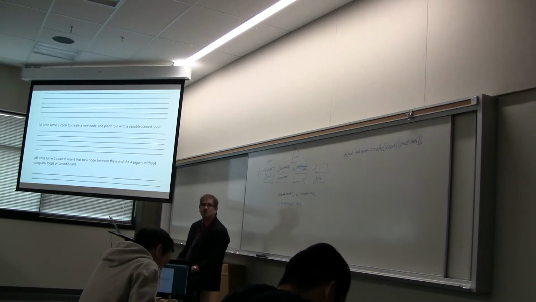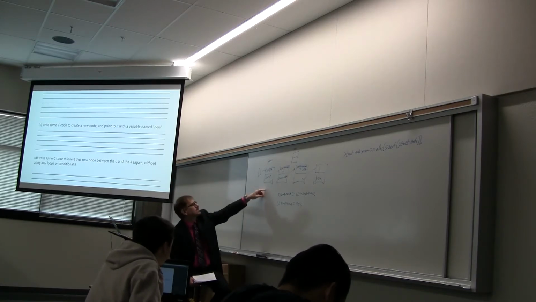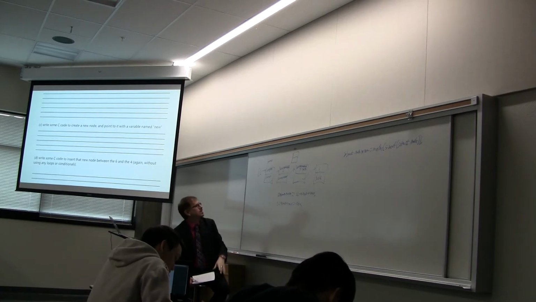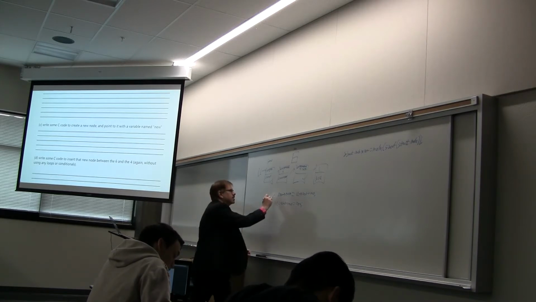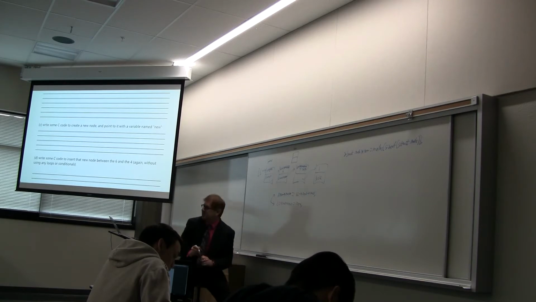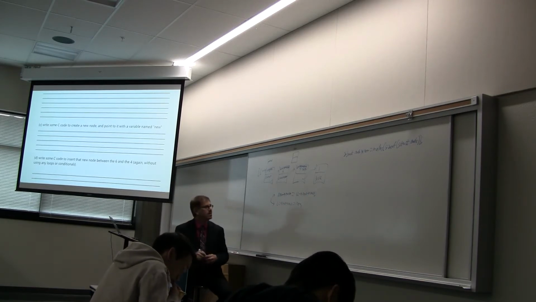And some people inserted right here that just did LL next equals new node, and new node equals LL next. It's easy to reverse the order of these, and that does not do what you want.